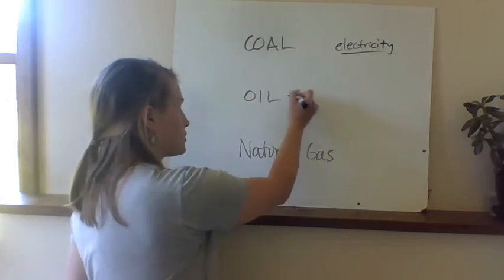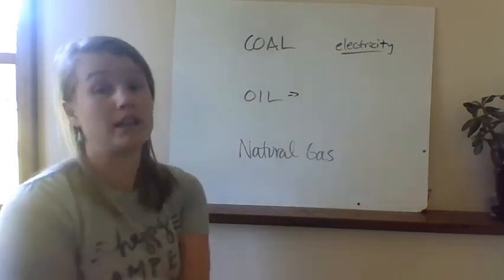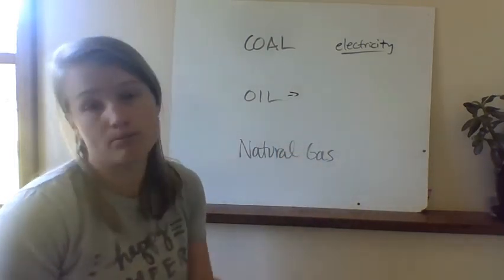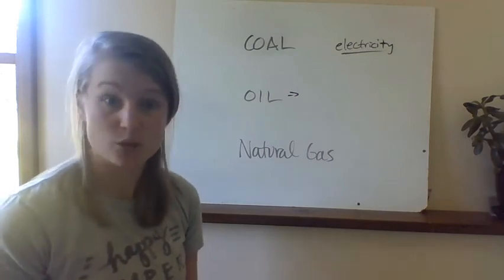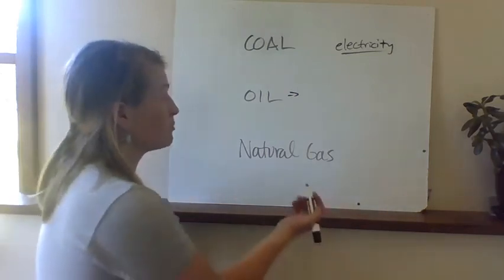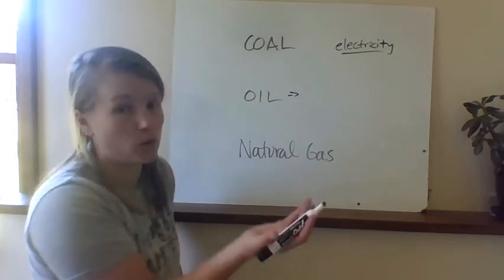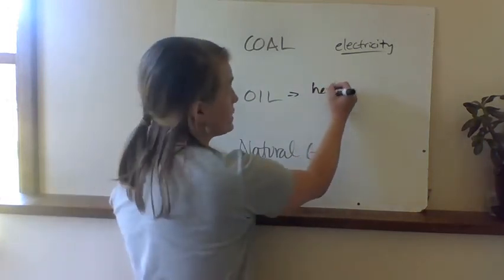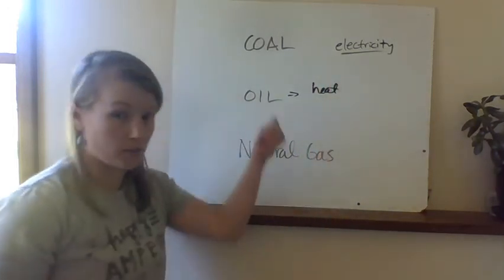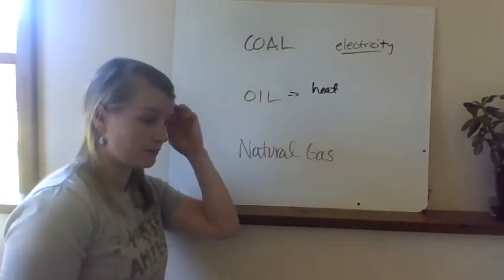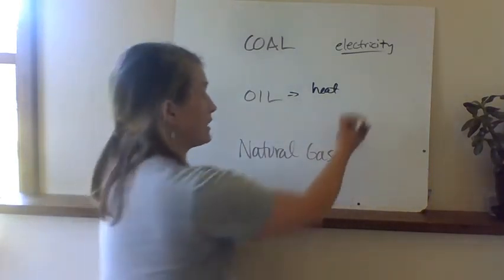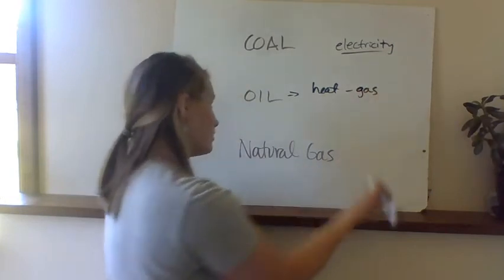Oil is basically what we live off of. Can't survive these days without oil. So, some of the more common things that you think of with oil include heat. If you heat your home with oil, it's coming from fossil fuels. Gas is a part of oil.